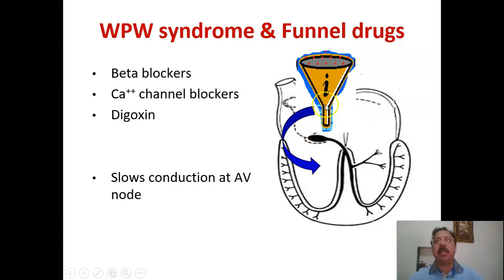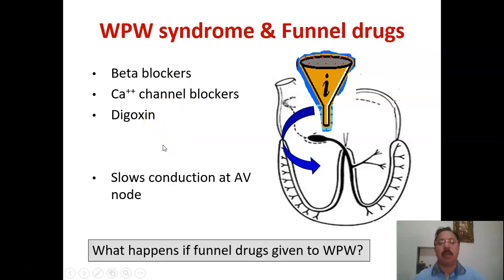Then the impulse, which is already flowing through the bundle of Kent, becomes faster and produces more lethal tachyarrhythmias. That's why it's advisable not to use beta blockers, calcium channel blockers, and digoxin in WPW syndrome patients.